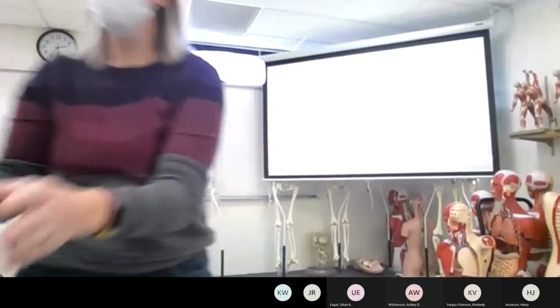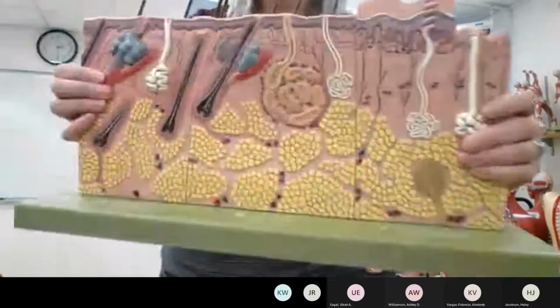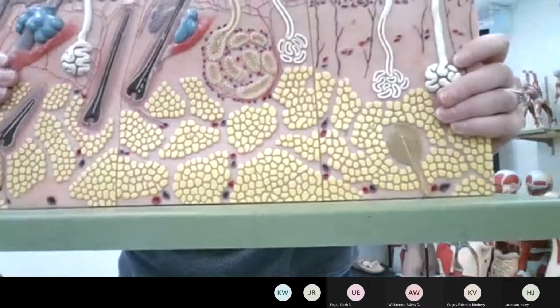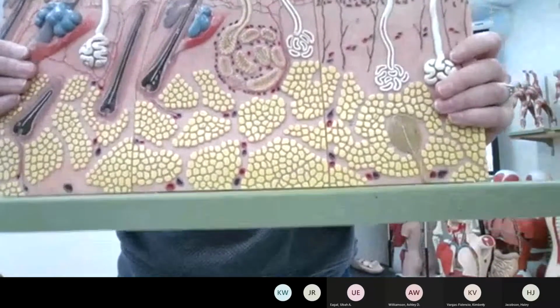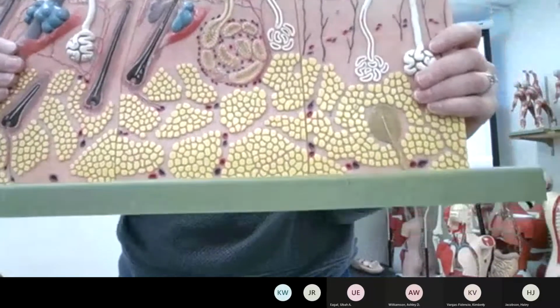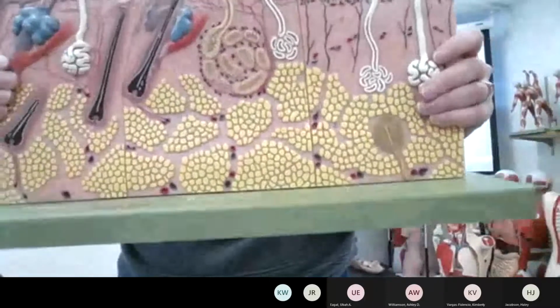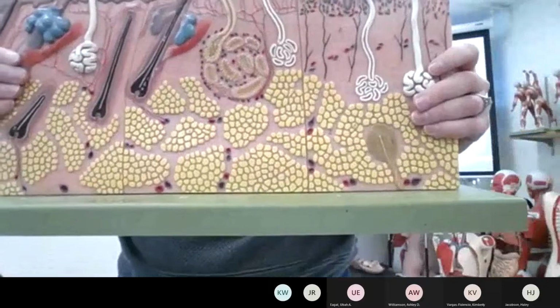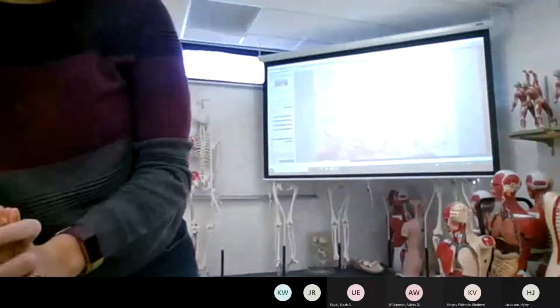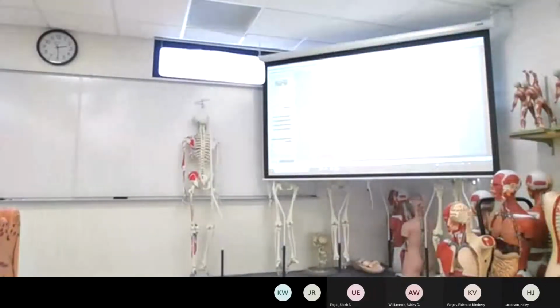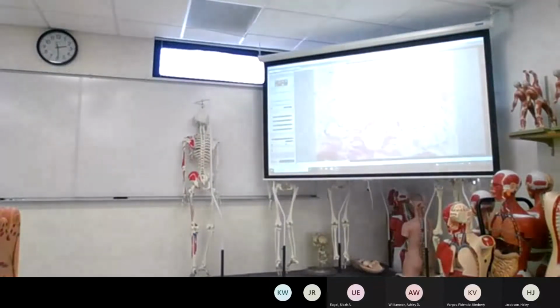Right? On our models, our best model of adipose-rich tissue is the bottom of our skin model, which is where our hypodermis, or our subcutaneous membrane, is located. Okay? Remember, fat is going to take up residence in almost any and every connective tissue.